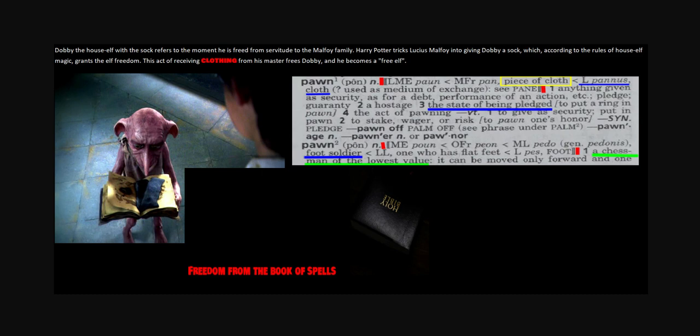Okay, so Dobby was pledged. He took an oath to be bonded, to be committed, to be dedicated to the house of Malfoy. This is what a pawn is.